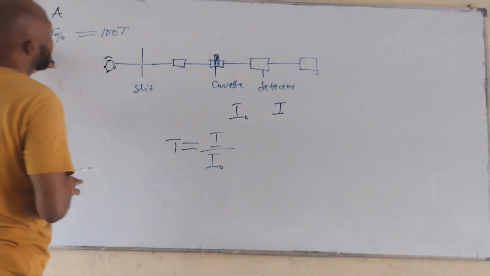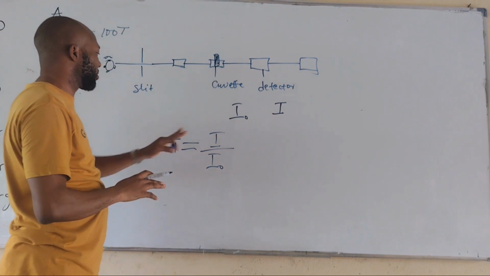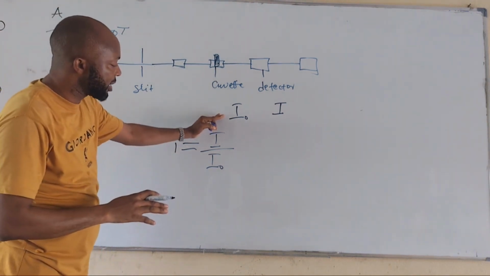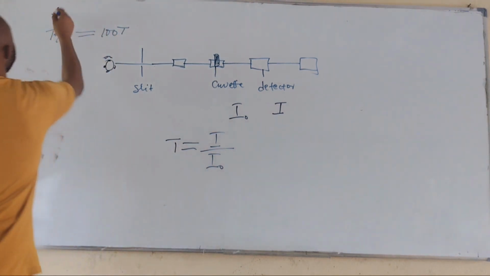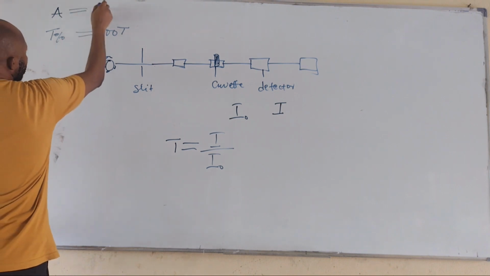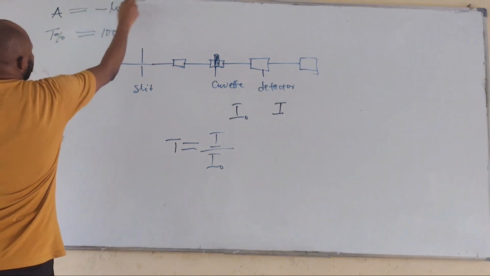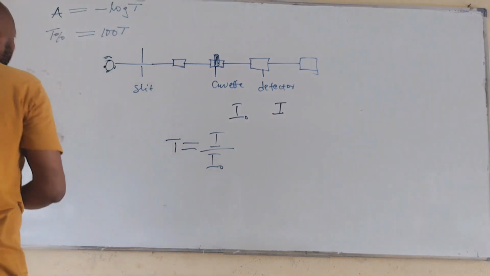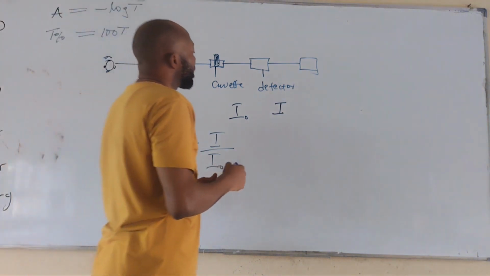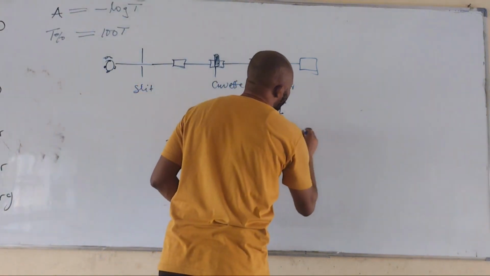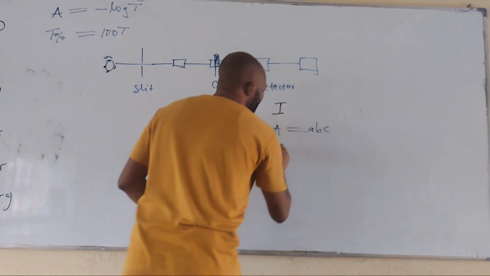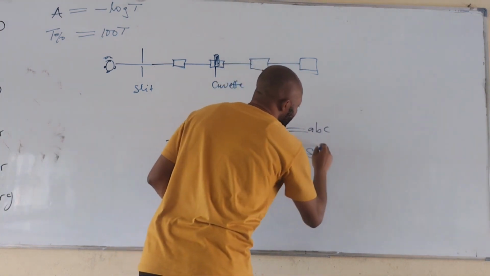Percentage transmittance gives us 100 times transmittance. Remember, transmittance is I over I naught. And also we have absorbance, which is equal to the negative log of transmittance. Then when we advance into the Beer-Lambert's law, we have A equals ABC, or especially say A equals EBC.